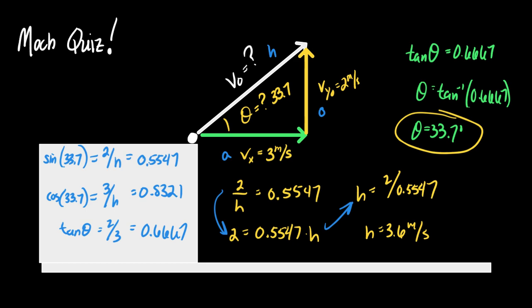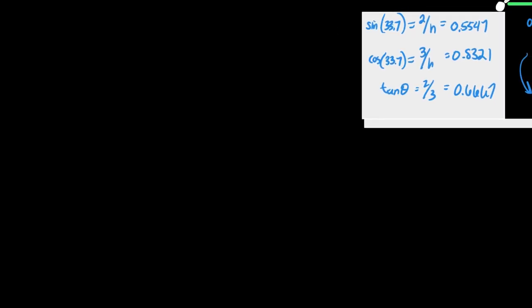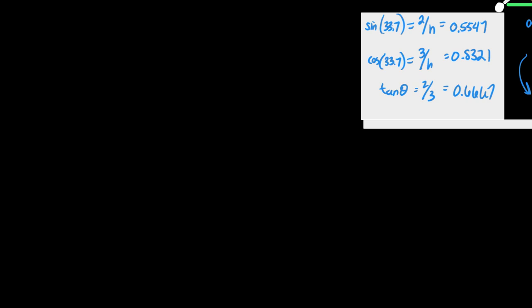I'd like you to try something for me. It's kind of a little numbers game. So I'm going to put this up on the side here, and it'll take your calculator to do this. So I want you to take the 0.5547 and square it and add it to the 0.8321 and square it.